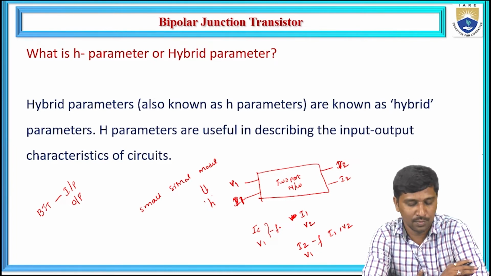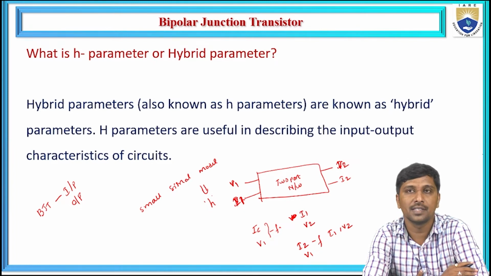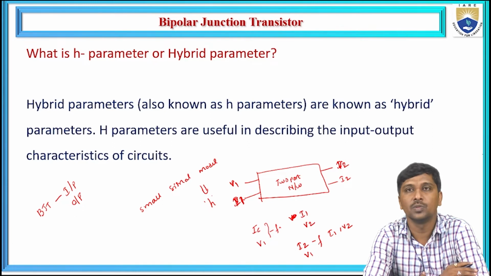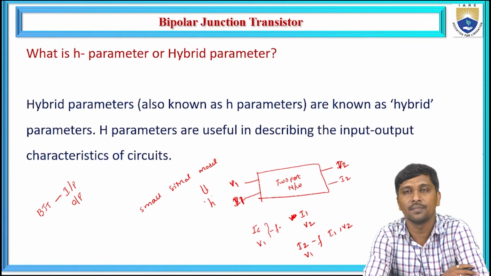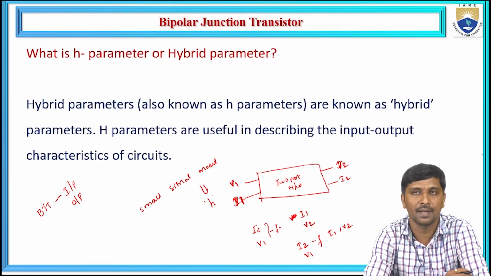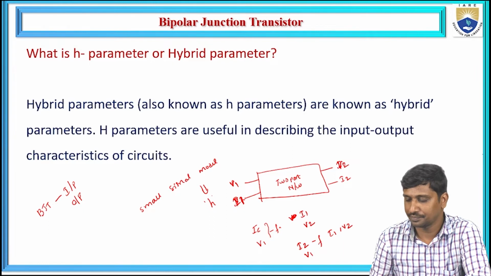In these, we need to define some parameters like the input impedance, the output impedance, the voltage gain and the current gain. All these parameters can be obtained by using the small signal model analysis, that is the H model analysis, called the H parameter analysis.